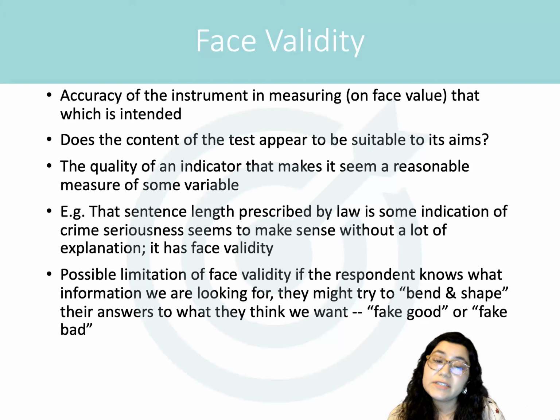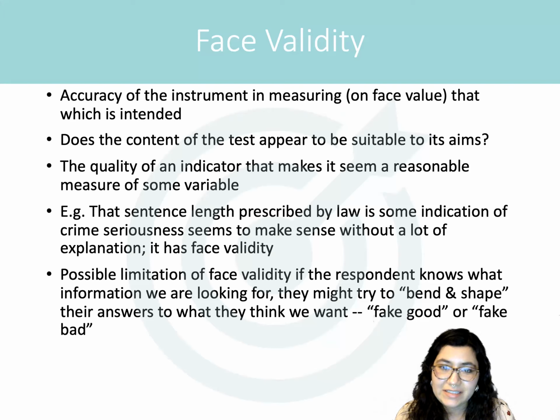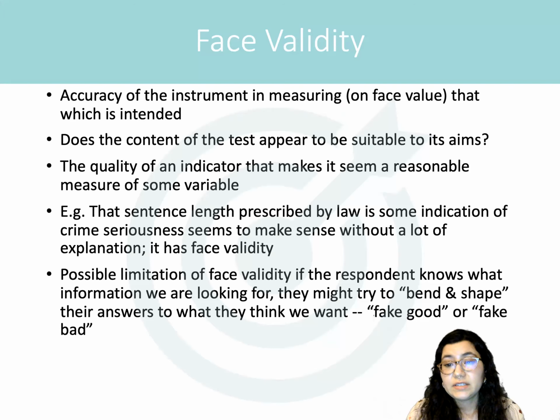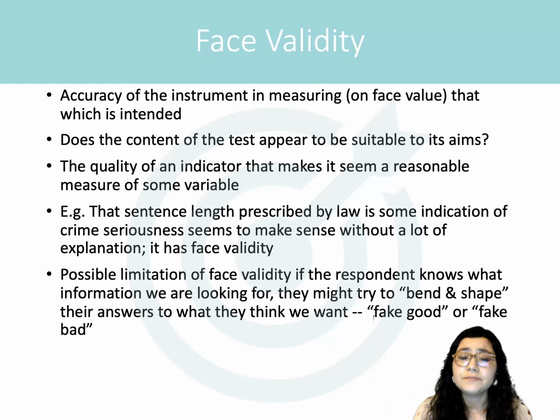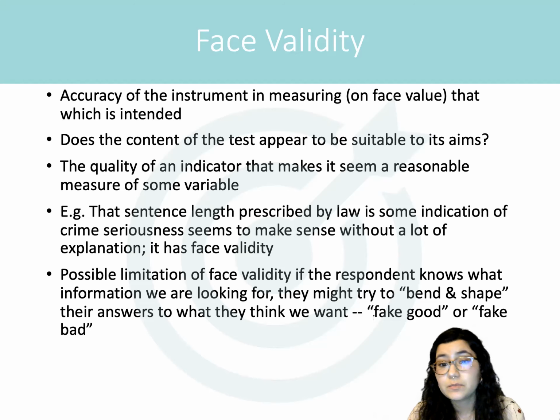So face validity is the accuracy of the instrument in measuring, on face value, that which is intended. So if it's suitable to your aims. So an example is the sentence length prescribed by law is some indication of crime seriousness.